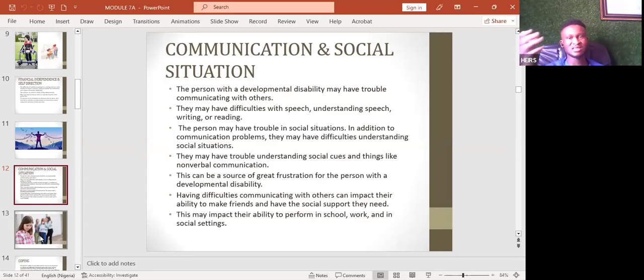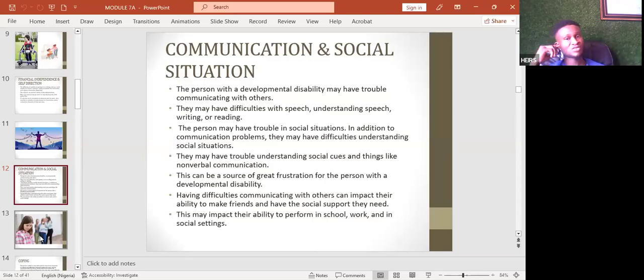And this naturally impedes their ability to communicate and have social interaction. Then again, writing: some of them may not be able to write, maybe because they have a motor dysfunction that affects the hand, or they may not be able to read as a result of a disorder in the brain.